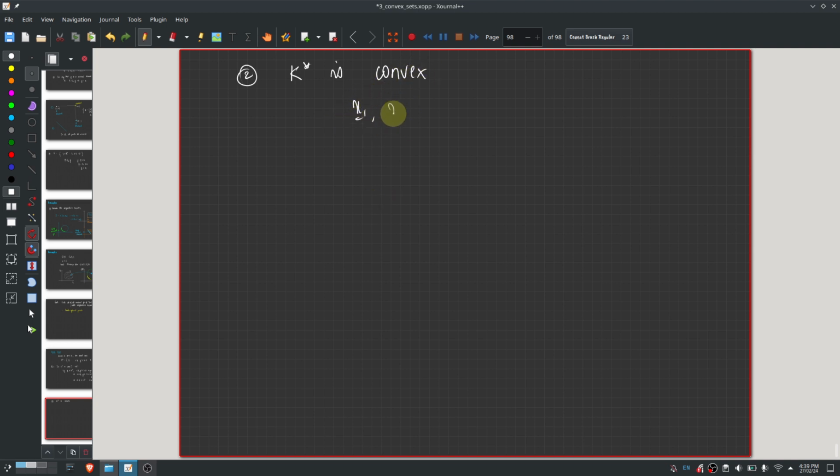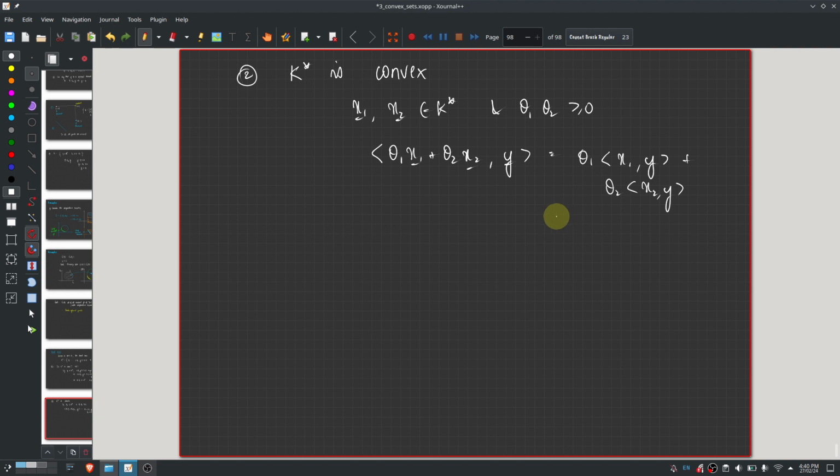So if x1, x2 lie in K star and you take any theta 1, theta 2 greater than or equal to 0, then the inner product between theta 1 x1 plus theta 2 x2 with any vector y is simply theta 1 times the inner product between x1 and y plus theta 2 times the inner product between x2 and y, and this is greater than or equal to 0 because each of these two is greater than or equal to 0.